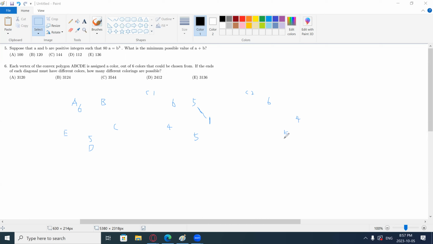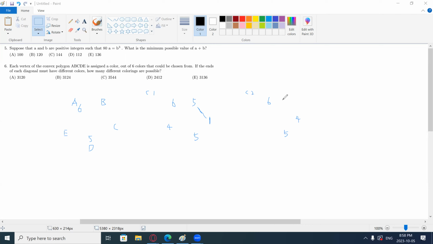Since these 2 colors are different, there are 2 more cases. So first, we can choose a color here.